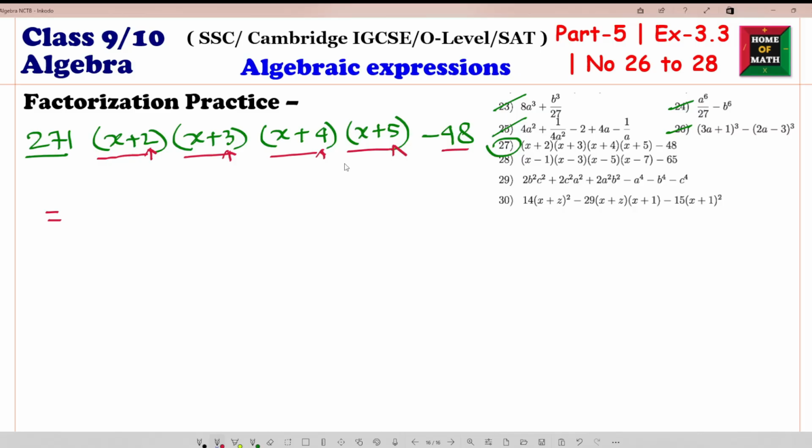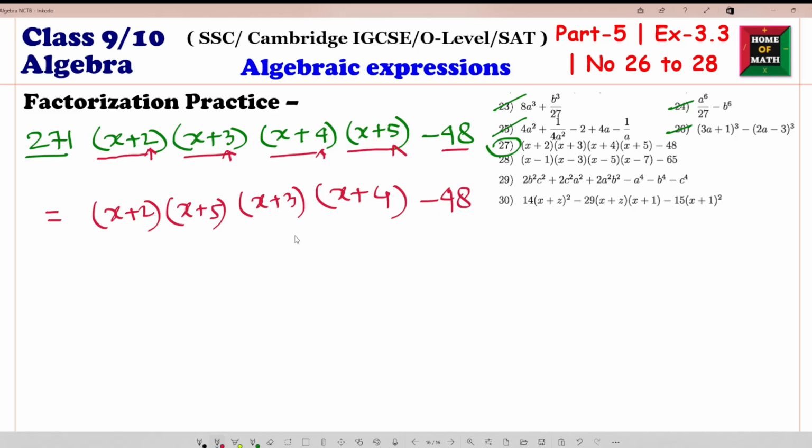So we can make a combination of products which will give us a good solution. Like here is 2 and here is 5. So we can make (x + 2)(x + 5). Why? I'll let you know a few moments later. (x + 3), then (x + 4) minus 48.